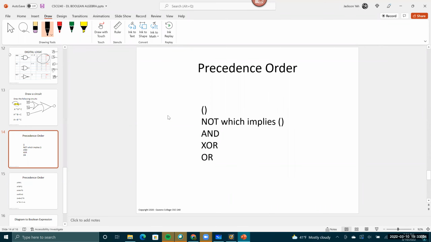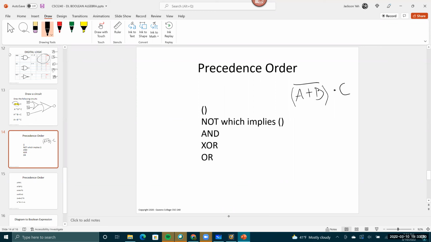So for example, if I have A or B, NOT, and C, this whole thing, A or B, implies a parenthesis around it, right? Anything below the NOT is implied to be within parentheses, okay? So anytime you see a NOT, it usually implies there's parentheses around it.